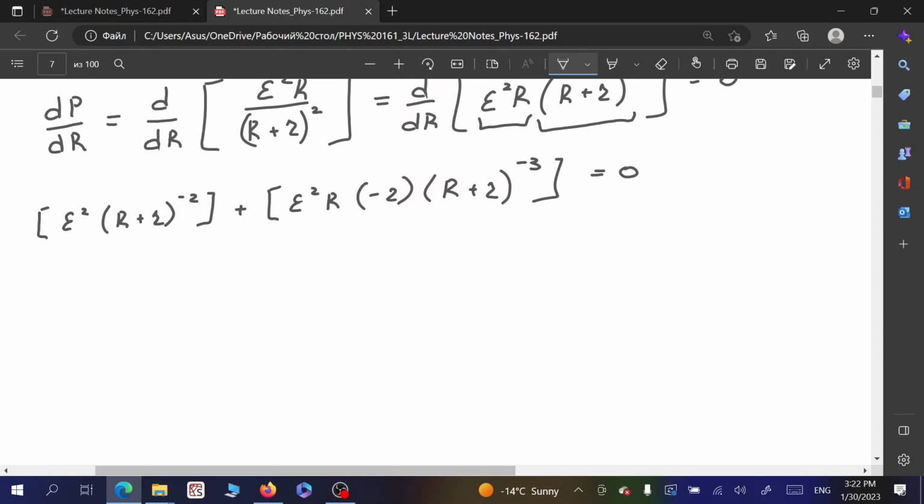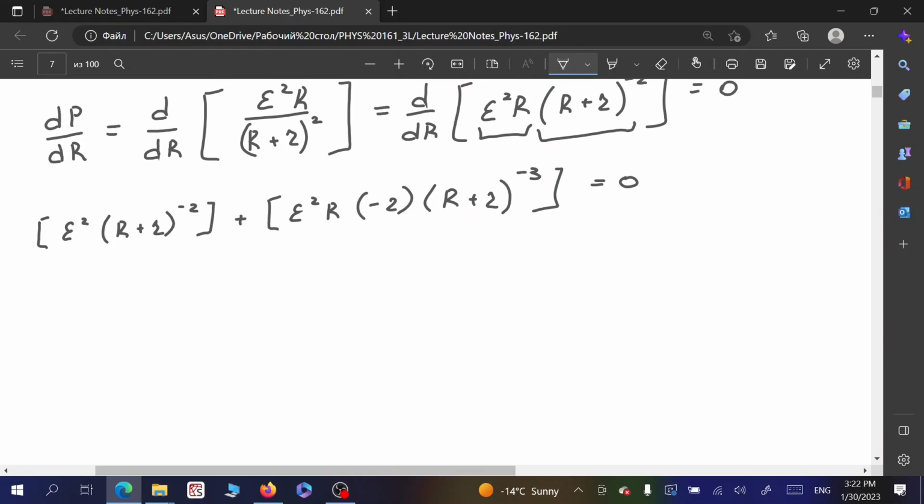Now, in order to make the first and second terms in this equation similar, let us multiply and divide the first term, this one, by (capital R plus R). That will be epsilon square times (R plus capital R plus R) divided by (capital R plus R) in third power.